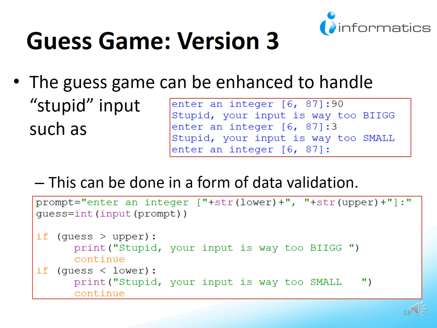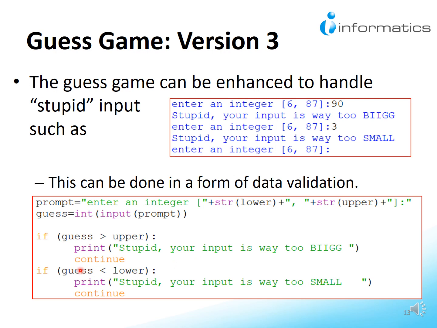How to achieve this? We can do a form of data validation before we use the data. So once we get the user data, we can perform so-called data validation. If the guess is greater than upper, which should not be, in this case, we can scold the user.